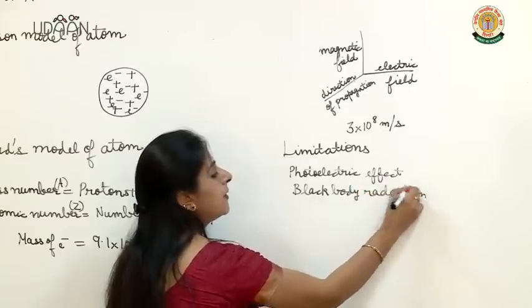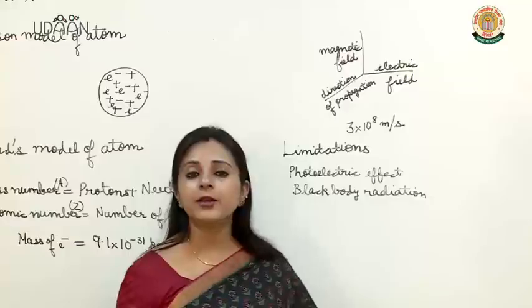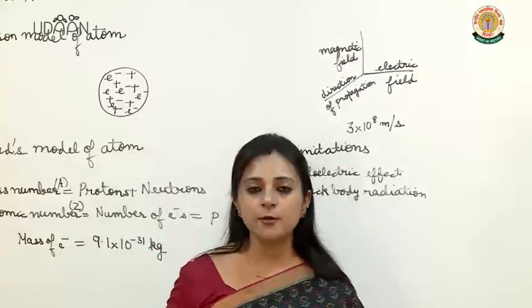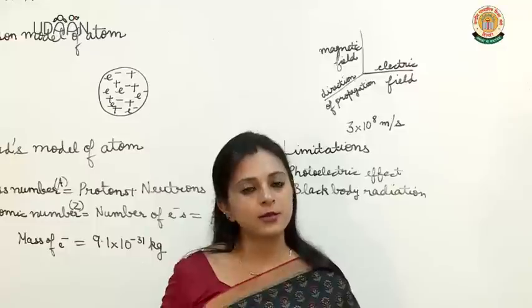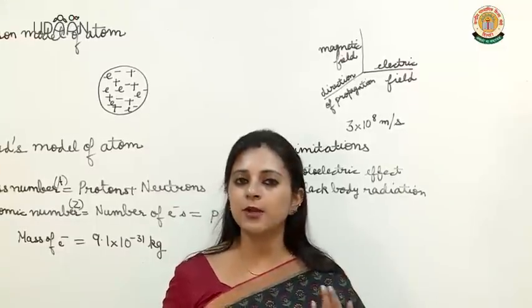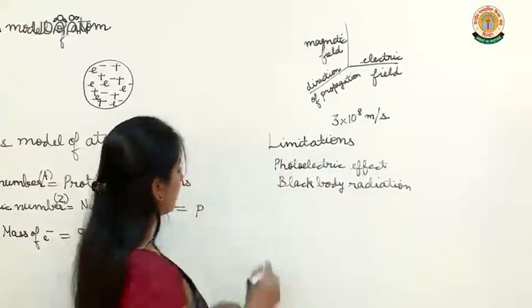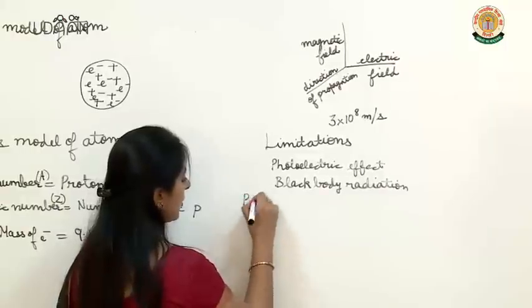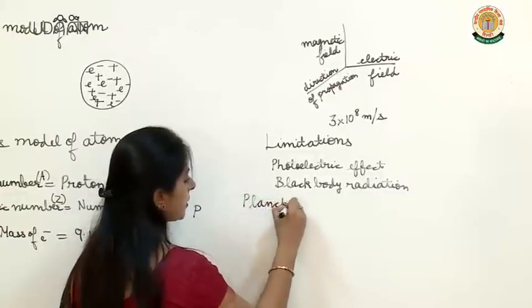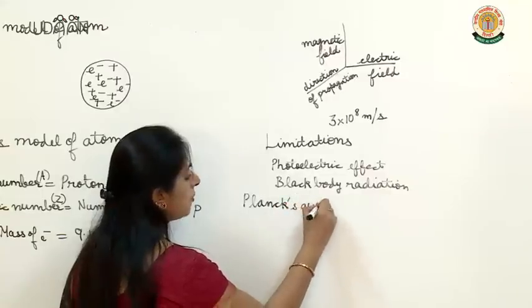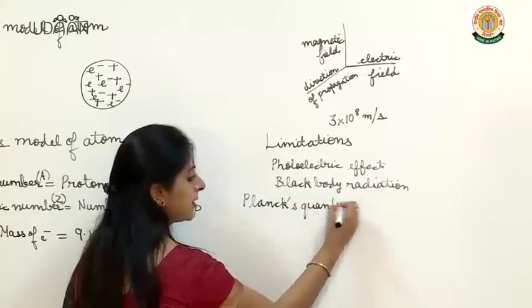Now, we will explain this photoelectric effect after Planck's quantum theory, because due to these limitations came another theory given by Planck, that is Planck's quantum theory. So, now we will study the postulates of Planck's quantum theory. Now, what did this theory say?